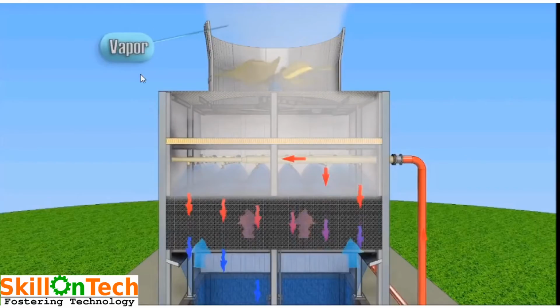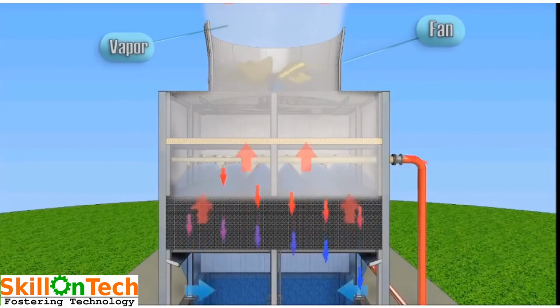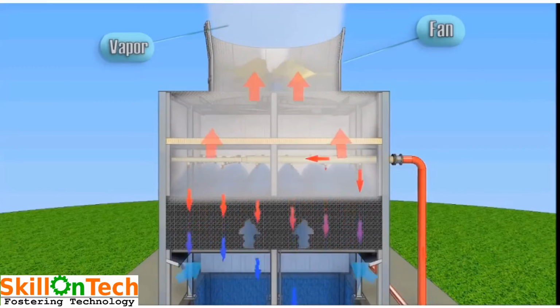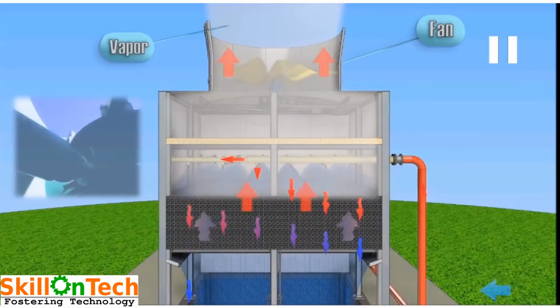You can see in this process some water vapors are also carried over by air, which can be seen here. So you can see a cloud of water vapors over the top of the fan cylinder. Now you can see the air is continuously coming and going upward through the fan, and heat is getting exchanged at the PVC fills.